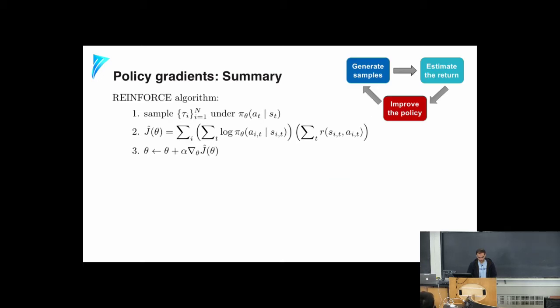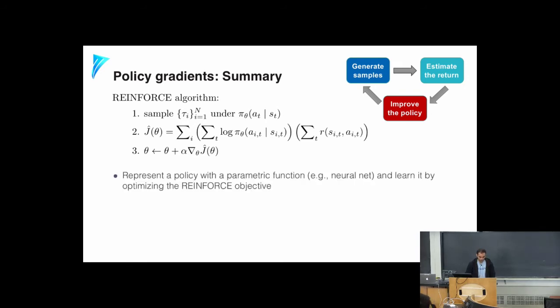Okay, so a quick summary of the policy gradient part. We've derived this REINFORCE algorithm, which is pretty much the simplest policy gradient algorithm. We can represent the policy with any parametric function. It could be a linear function or a neural network. We just plug it in, compute the objective, and run our optimization routine.